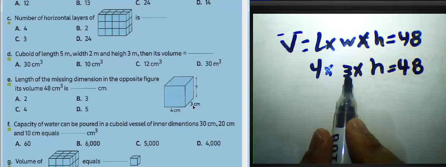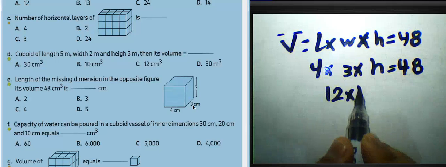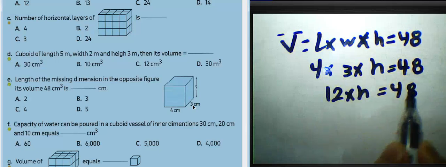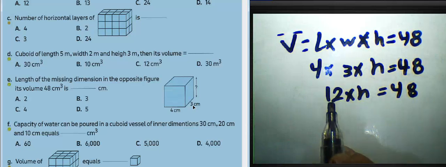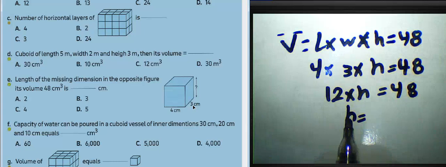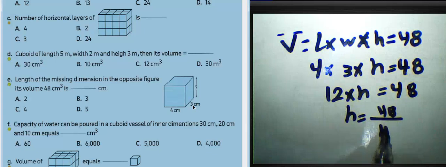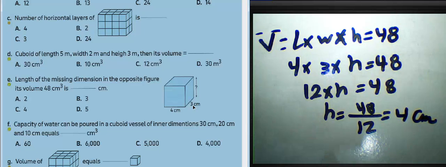We know 4 times 3 equals 12. 12 multiplied by height equals 48. To find the height, you must divide 48 by 12. 48 divided by 12 equals 4 centimeters. So the height will be 4 centimeters. We must choose letter C.